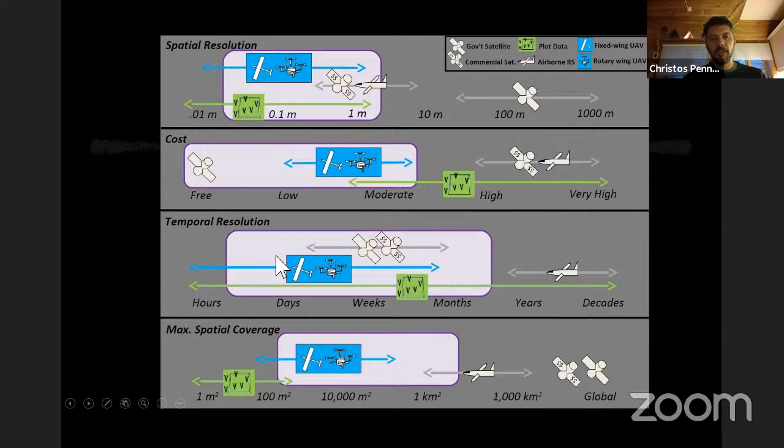What about the temporal resolution, though? As we can understand, drones, satellites, and close-range photogrammetry can give us a temporal resolution that ranges from days to months or weeks.